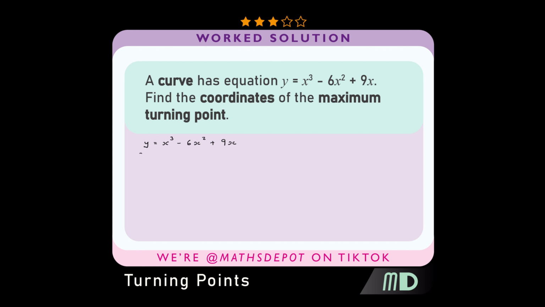So, the first derivative, dy by dx, is equal to 3x squared minus 12x plus 9.